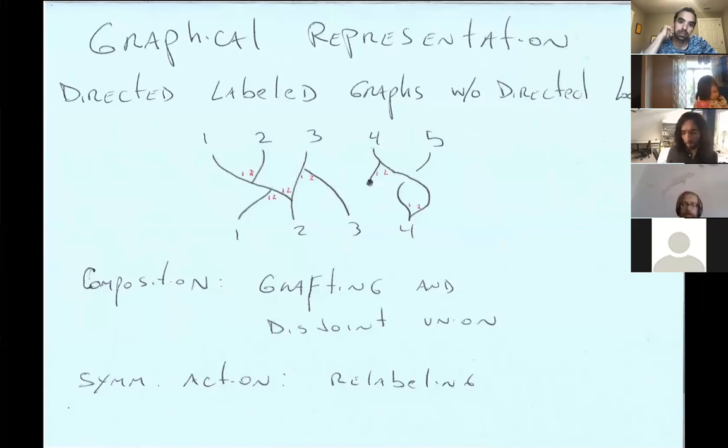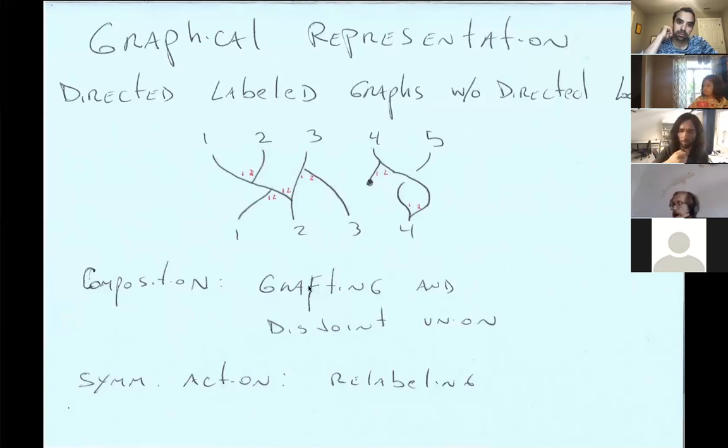Now, we said that these are playing the role of the symbols in the presentation of a group. Concatenation plays the role of composition in the group context. For us, we're going to have two types of operations.